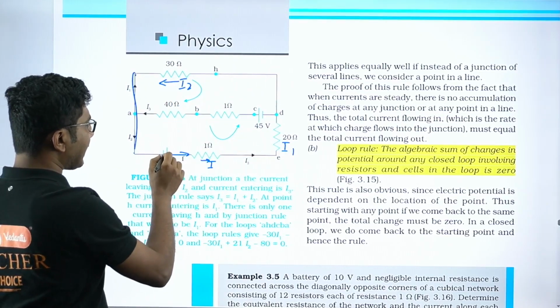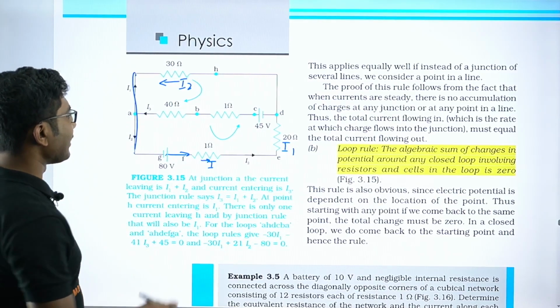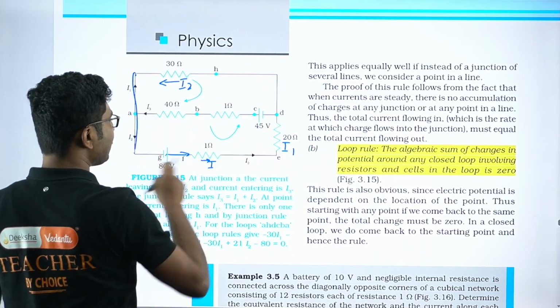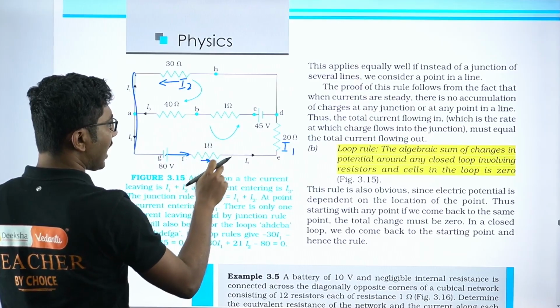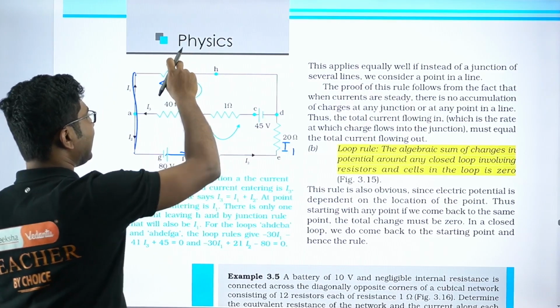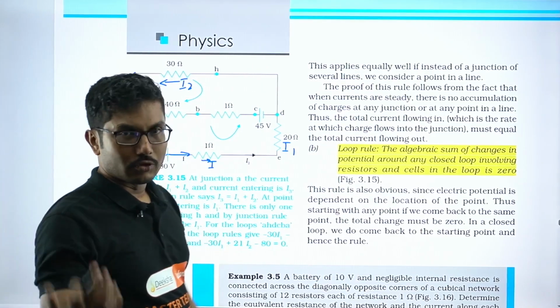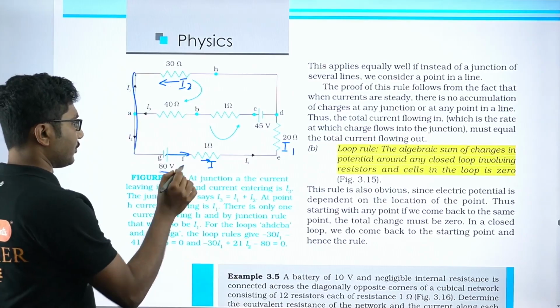Always remember that the battery is trying to send the current in the same direction. So if the battery is sending the current in the same direction, you add 1 into I, 20 into I1 plus 30 into I2, and that should equal 80 volts. That is the voltage of this source, right?